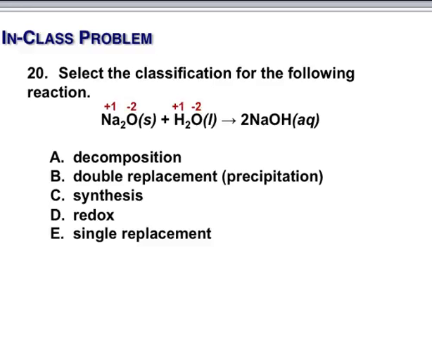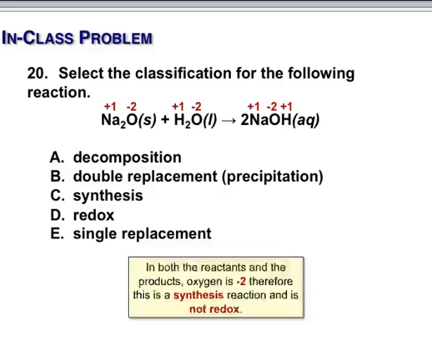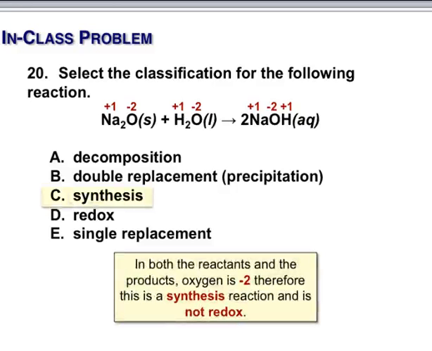And let's look at the other side. Sodium is still group 1, isn't it? It's still going to be +1. Hydrogen is still bonded to a nonmetal, it is also +1. Oxygen is still oxygen, and it is -2. This is an example of a synthesis reaction that is not redox.